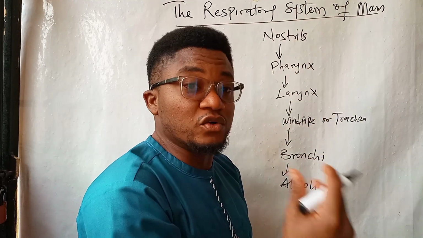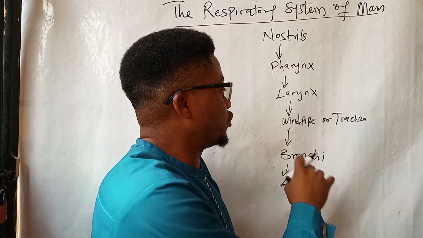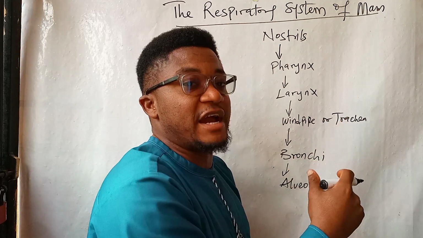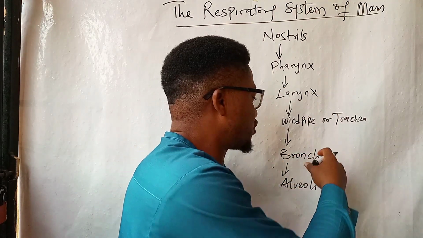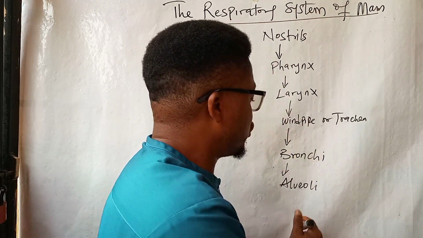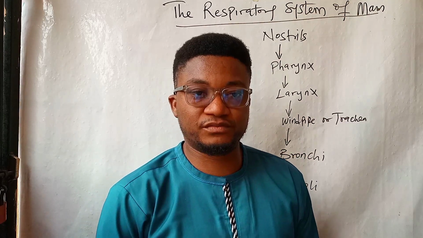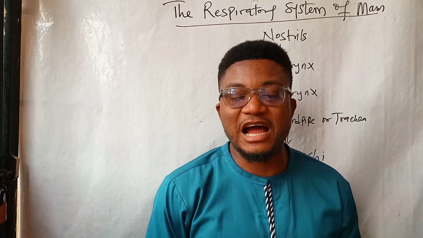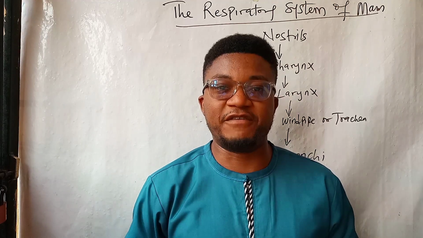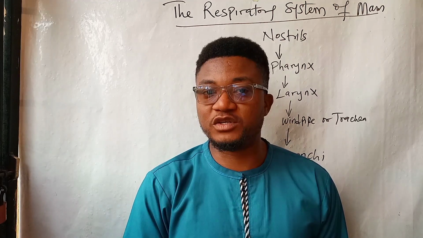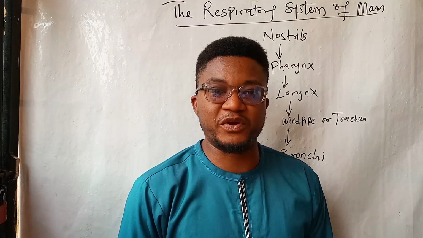The pharynx also divides down to the larynx, which further moves into the windpipe or the trachea and divides into the bronchi, which also have branches called the bronchioles, which move into the alveoli that are rich in blood vessels. Now, having understood that the air within the environment moves through the nostrils, it is also important for us to learn about the mechanism of respiration.